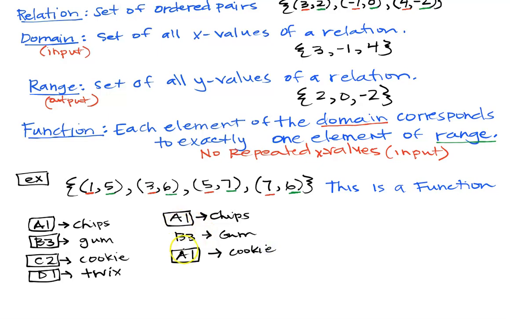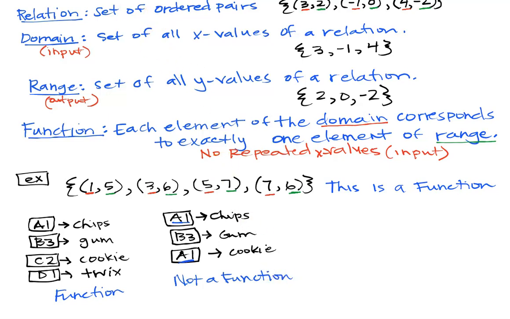All right, so if you hit A1 on this vending machine, you don't know whether you're going to get chips or whether you're going to get a cookie. And so this would be something that would be not a function. Okay, so this one is a function because all of our inputs, that button that we're pushing, are unique, so that makes it a function, where in this one, our A1s repeat, and so that's not a function.